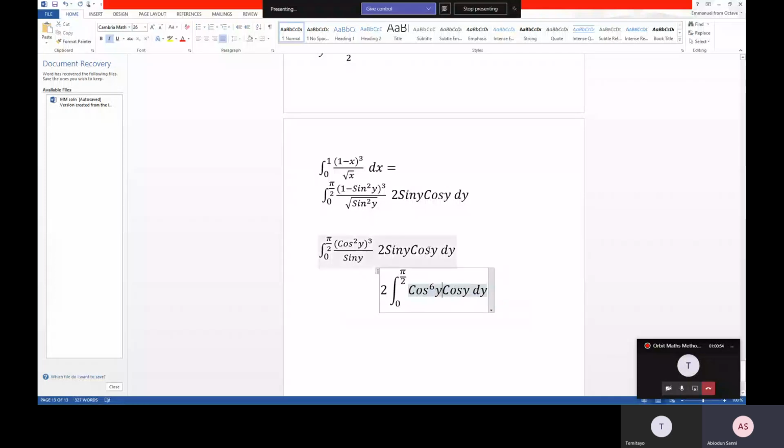This cancels this. 2 comes outside. Cos squared y to power 3 is cos to power 6y. And this cos y is cos y, this dy is this dy. Alright. Then what happens next? Cos to power 6y times cos y, that's cos to power 7y. Then this gets deleted. We have cos to power 7y. Okay, now comparing, so let me call this.